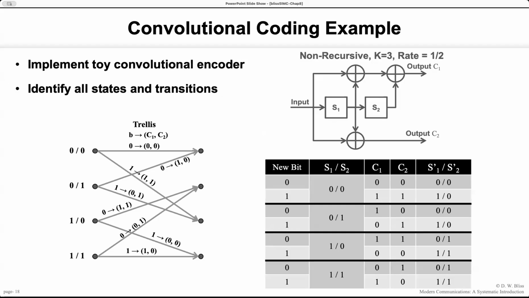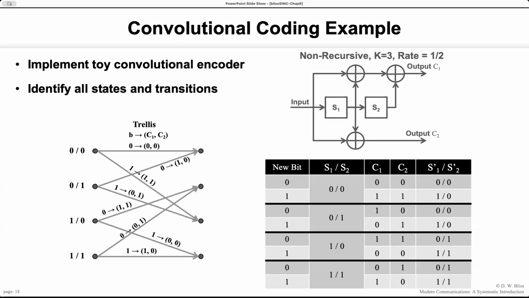So if we start with state 0, 0, when we have a new input bit or an information bit of 0, then the output, what is actually sent out and is going to go through the transmitter, is 0, 0. Well, that's pretty boring. Now let's say the information bit is 1. So we're starting with state 0, 0. Information bit is 1. So the output of the shift register in position 1 is a 0, but the input is a 1.